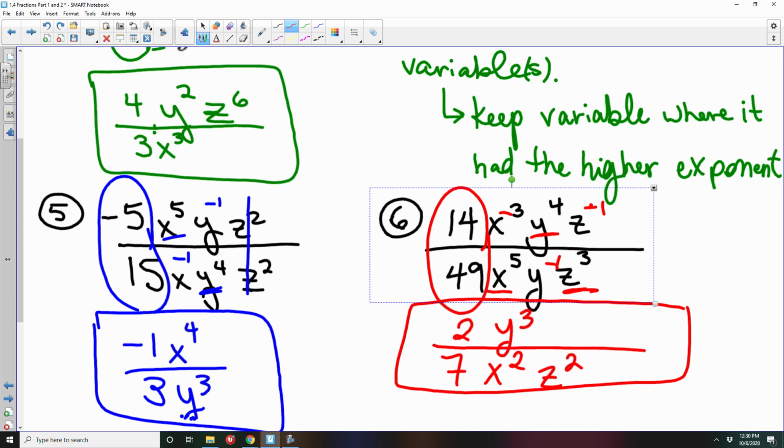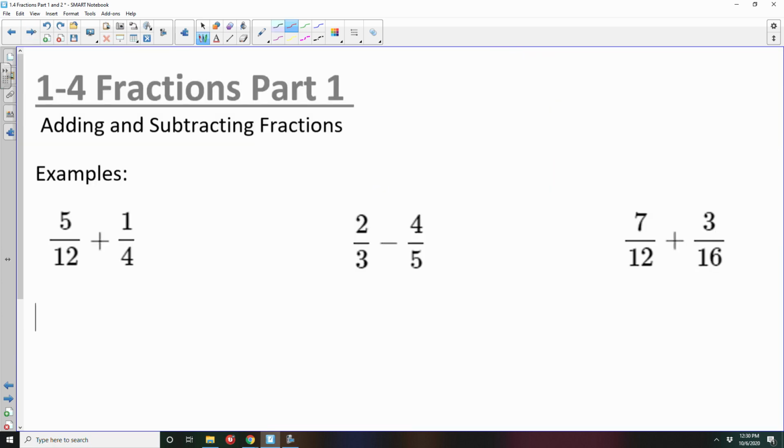Now this next part, guys, in our very last little bit, is mostly just calculator work. This just goes back to Desmos and making sure we know how to use Desmos right. So it's adding and subtracting fractions. So we just ended on what number? 6? So 7. So we have 5/12 plus 1/4.